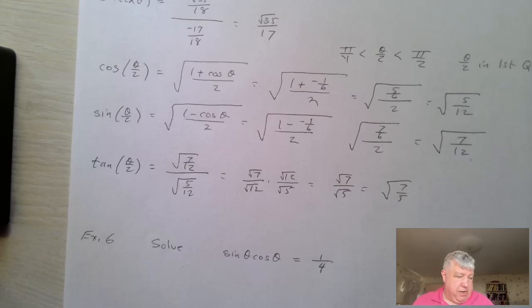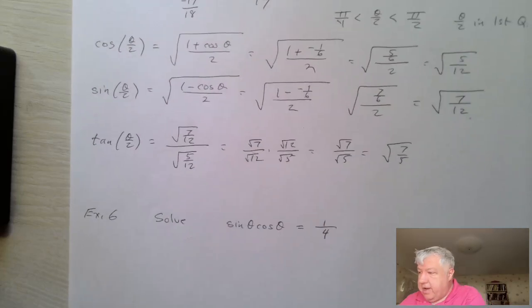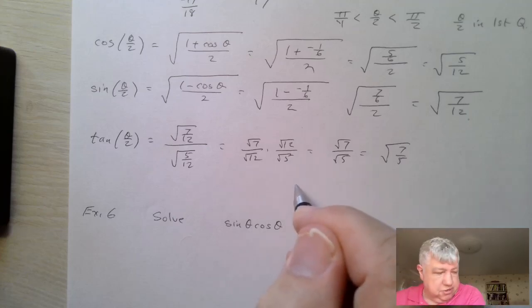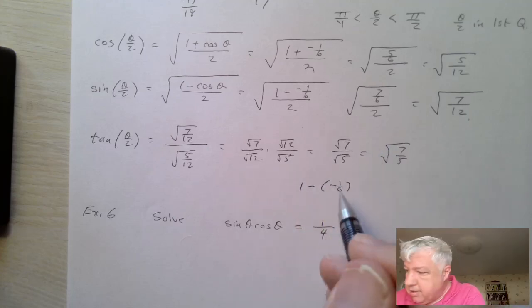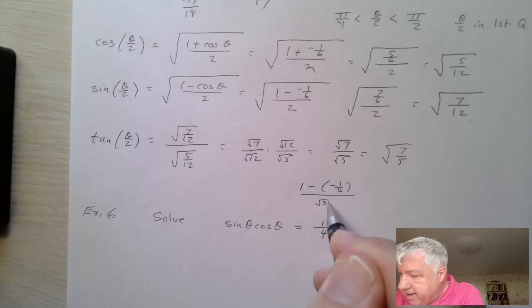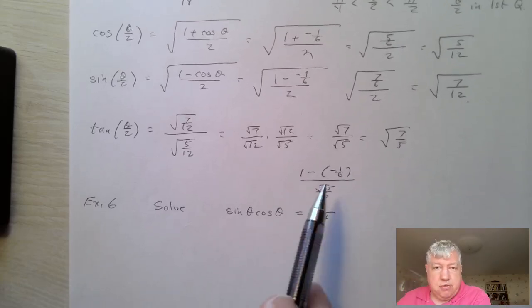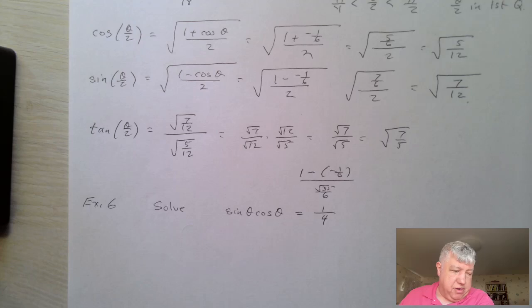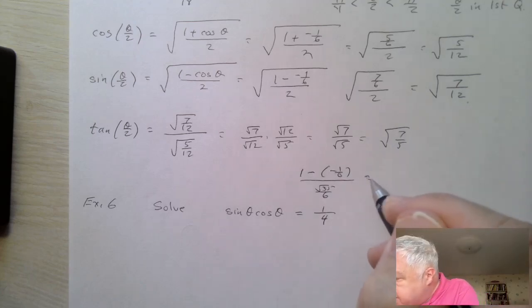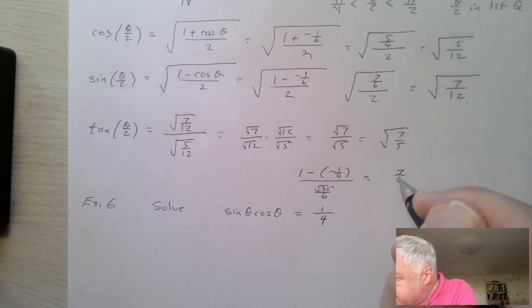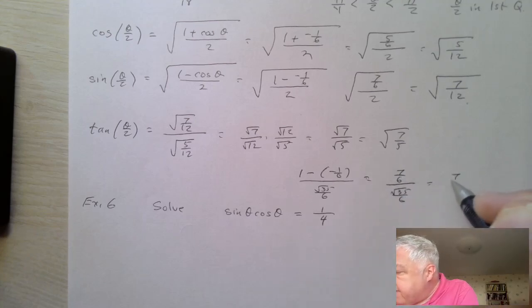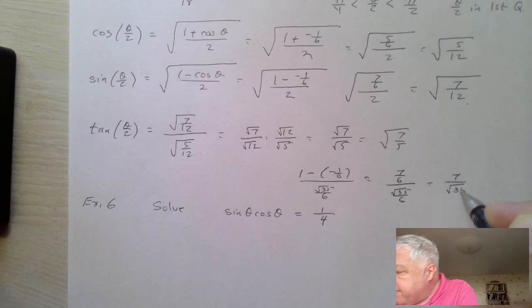Now I should say, if you wanted to do it the other way and use the formula, you could also write 1 minus negative 1/6 over the square root of 35/6. If you did use the actual formula, we could get this, but this actually reduces to the same thing. This is going to be 7/6 over the square root of 35/6, which is 7 over the square root of 35.